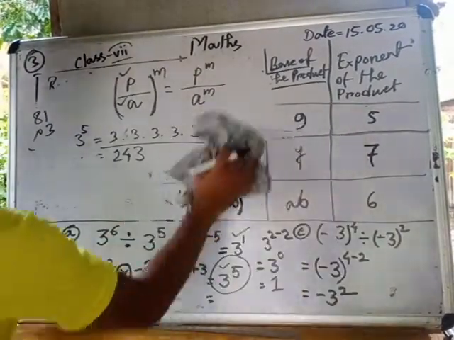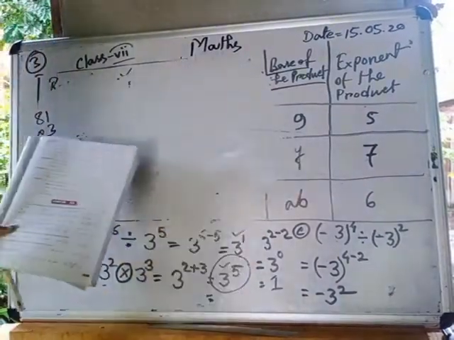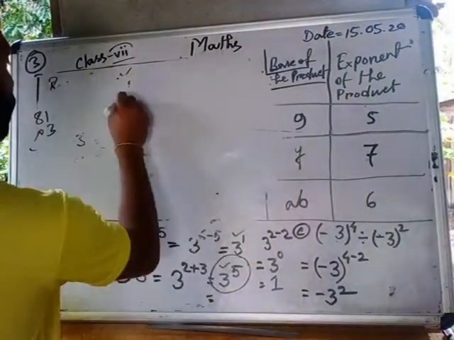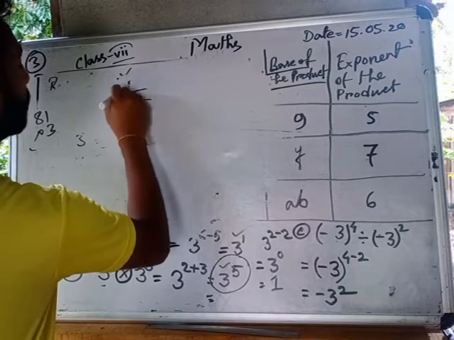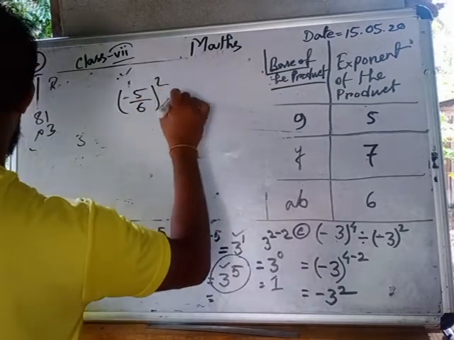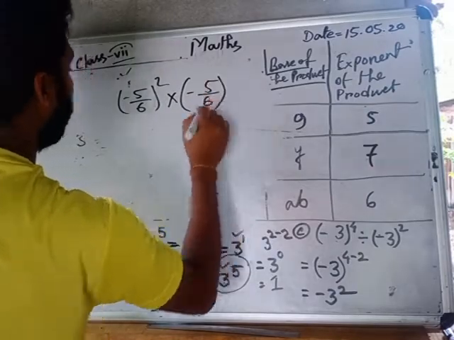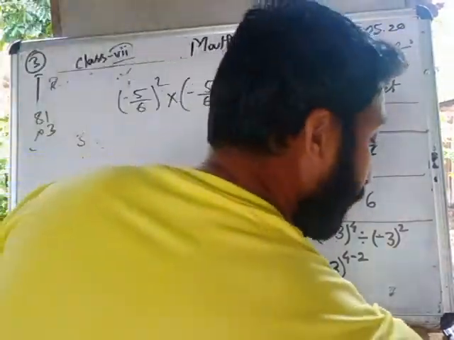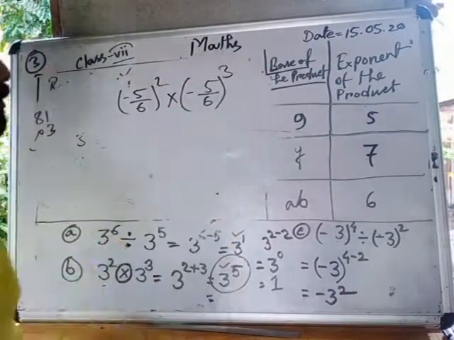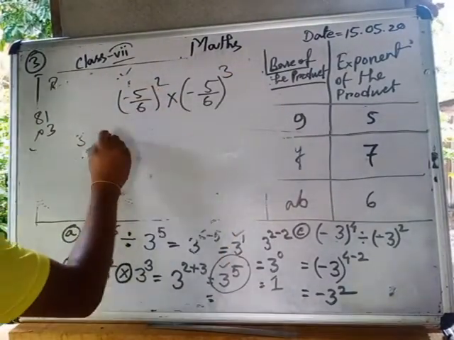Suppose it is with a fraction: minus 5/6 to the power 3, that is minus 5/6 multiplied 3 times. That means the exponent is 3.